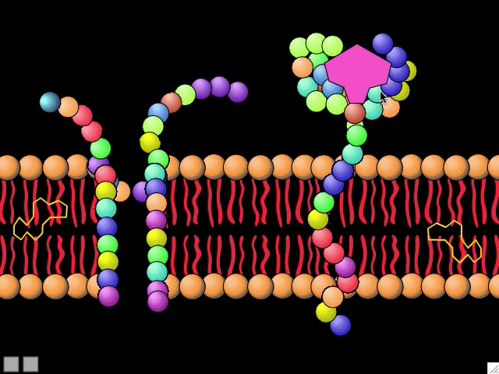Just like we saw with the channel proteins, each receptor is specific for just one molecule. And so a typical cell might have dozens and dozens of different receptor proteins, one for each type of molecule that the cell needs to detect. Oh, I should have also reminded you of the term extracellular domain.